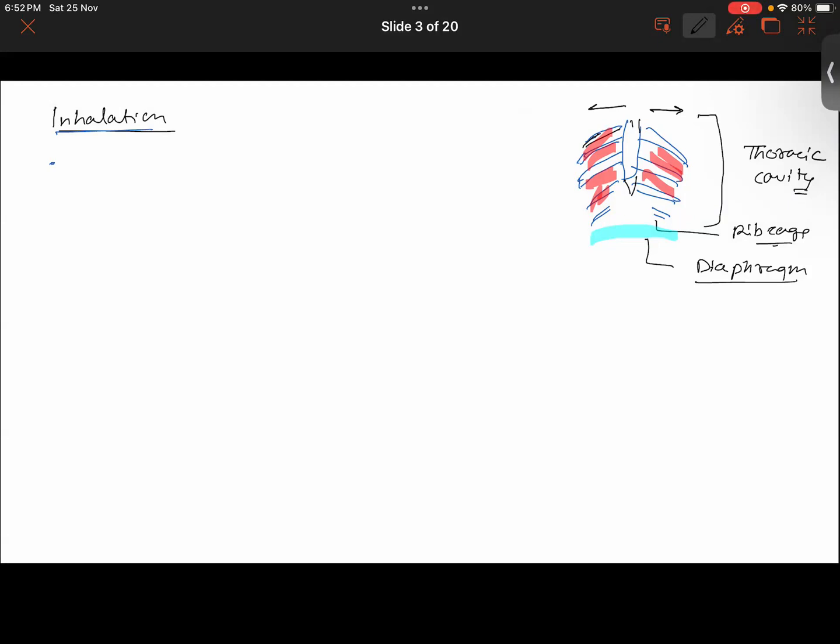Why is it so? Because the muscles pull the rib cage. Are you getting it? So the muscles contract in order to pull out the ribs.